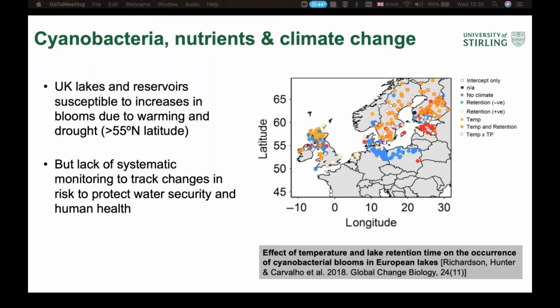And we see that the most pronounced increases are above 55 degrees latitude. But there is a lack of systematic monitoring of these lakes to be able to detect these changes in risk in order to protect our water security, but also human health.